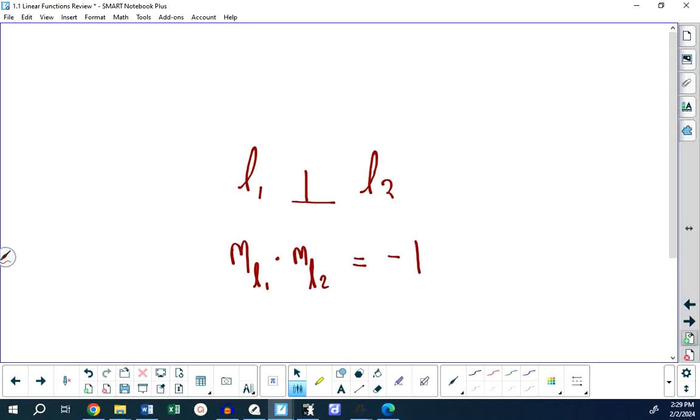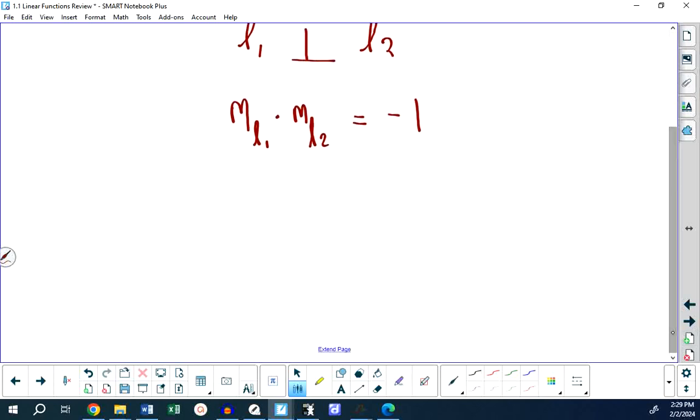And I'll give you some illustrations here. You don't have to use this statement to answer the question. But if the slope of L1 is equal to -4/5, the negative reciprocal of that is +5/4. That's what a negative reciprocal means. It means you reciprocate it and you change the sign.